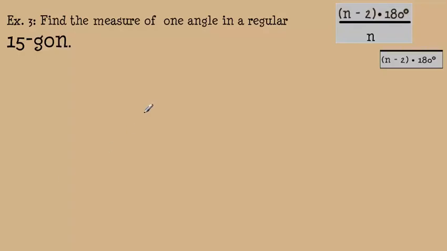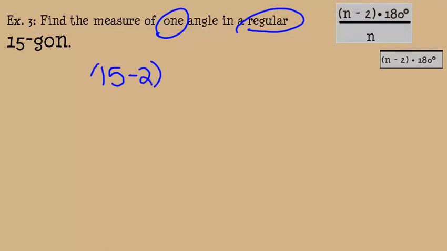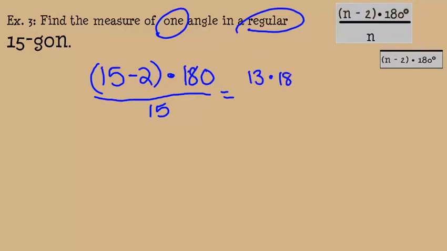Let's try some more. I want one angle in a regular 15-gon. So I start out, 15 is my number of sides. 15 minus 2 times 180 over 15. Okay, so I get 13 times 180 over 15.